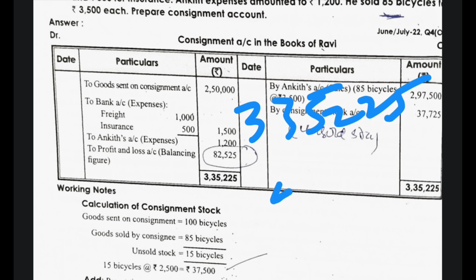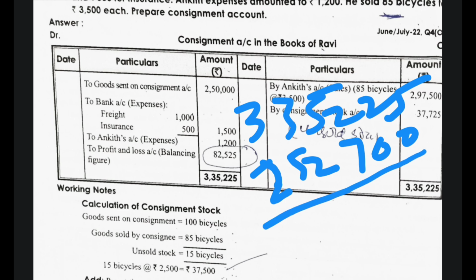After adding these three amounts, we are getting 2,52,700. So minus this, we will get 82,525. This is the profit.